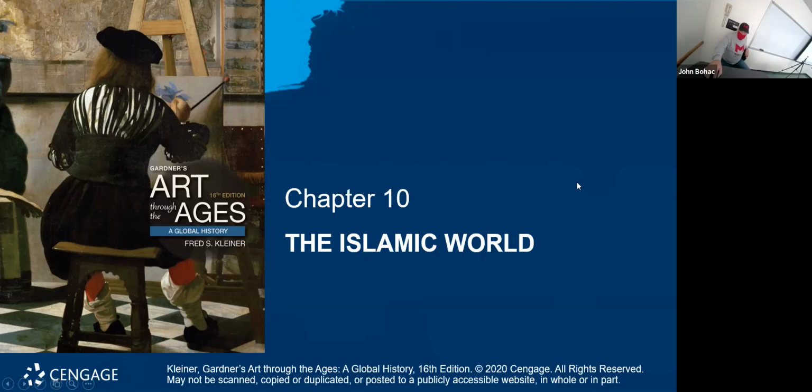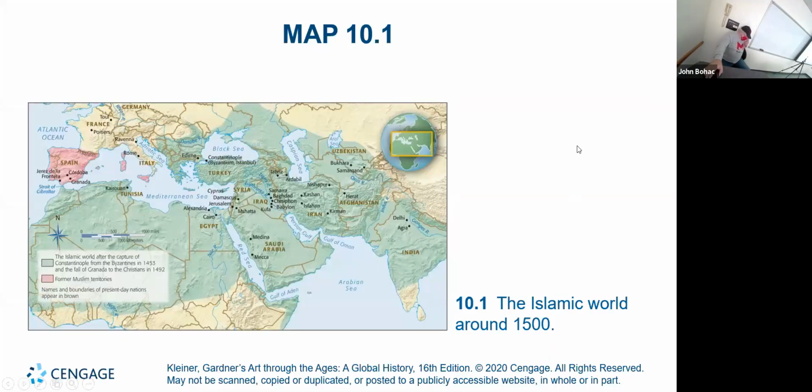So, the Islamic world, around 1500. And so what we have here, this is quite a lot of territory. The Islamic religion has spread. It's actually gone farther east than what the map shows.